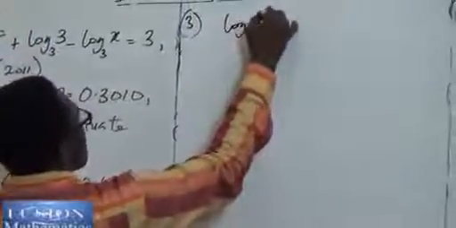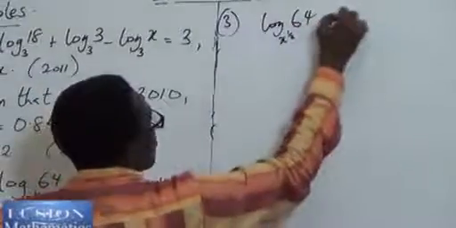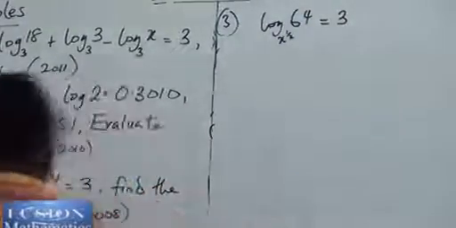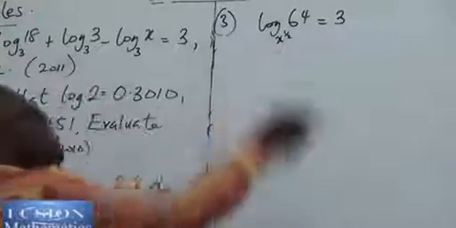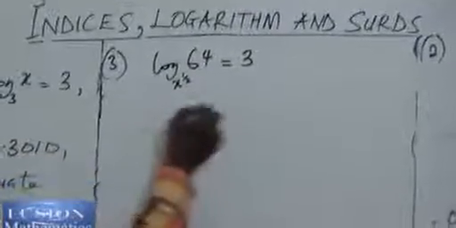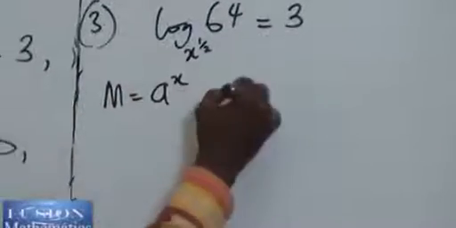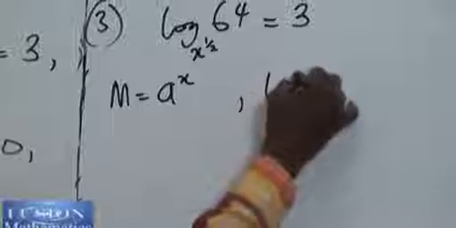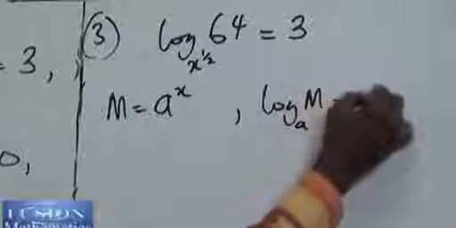Log 64 base x raised to power half equal to 3. We want to find the value of x. Now you can see that the base has a power itself. So to solve this, we go over to the law with the relationship with indices, that is m equals a raised to power x, and so that will be log m base a rather is equal to x.